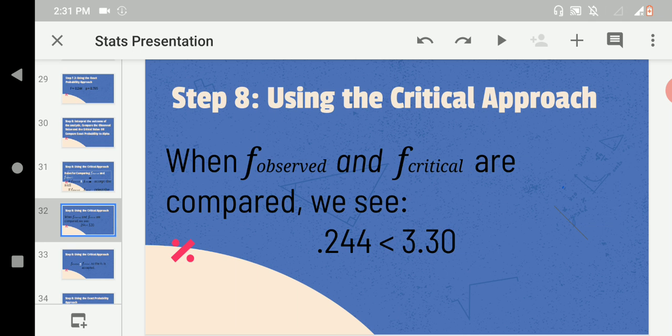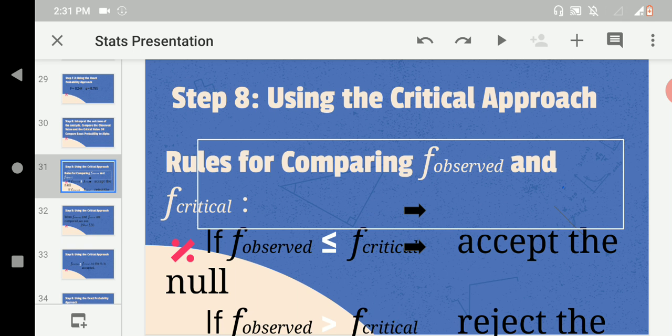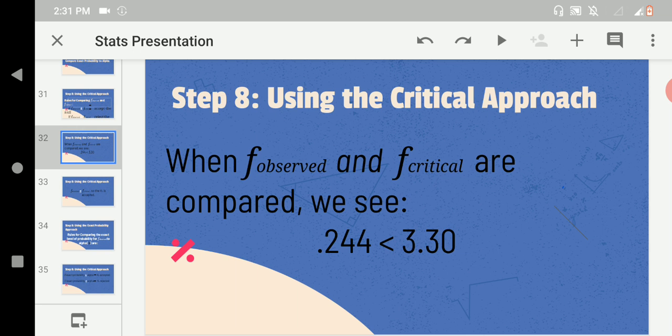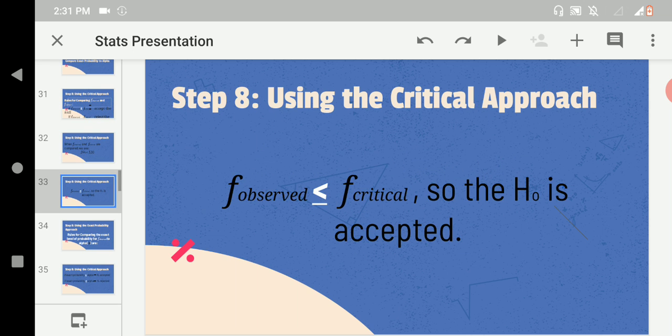So from our rules, if F observed is less than critical, we have to accept the null. So in this step, we know that we have to accept the null. Now let's see if using the probability approach we'll have the same result. So the H0 is accepted.